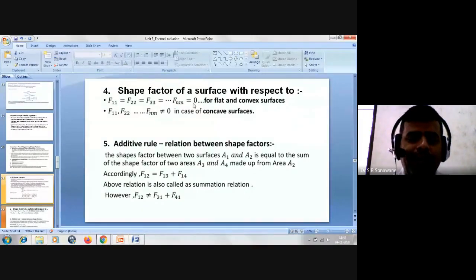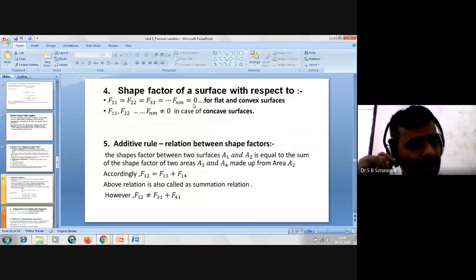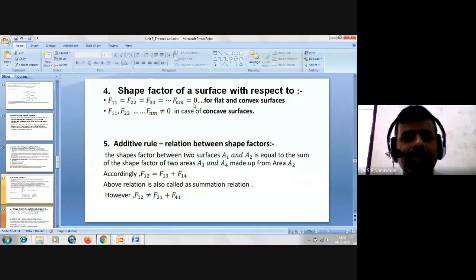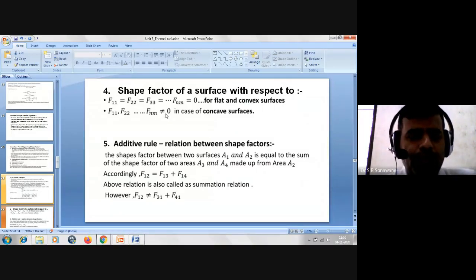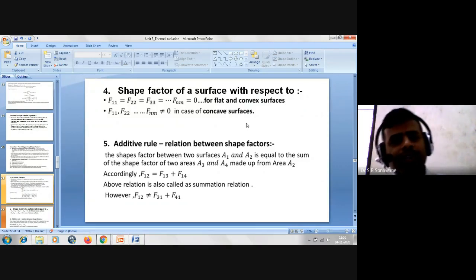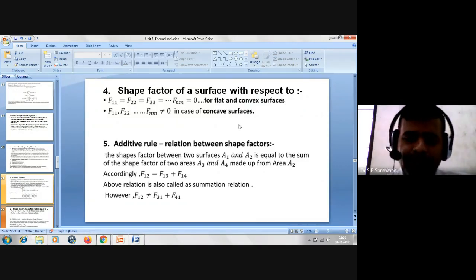Because the energy emitted by that surface will not be intercepted on other surfaces, since that surface is flat or convex. But if you have a concave surface, then this will not be equal to 0. So it is necessary to see whether it is a concave surface, a convex surface, or a flat surface.